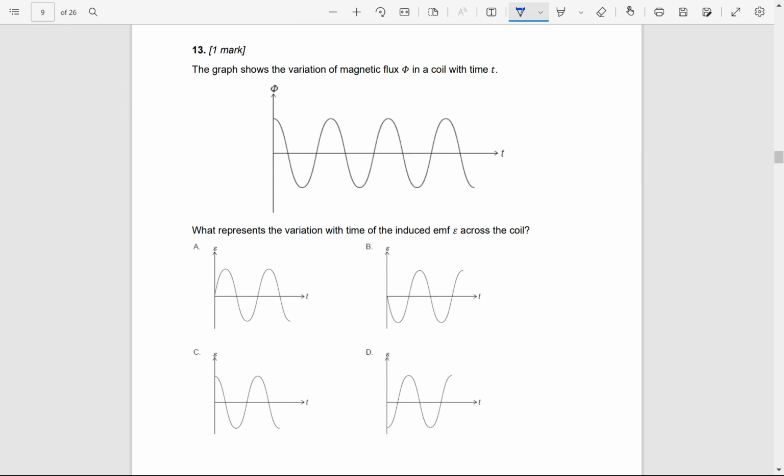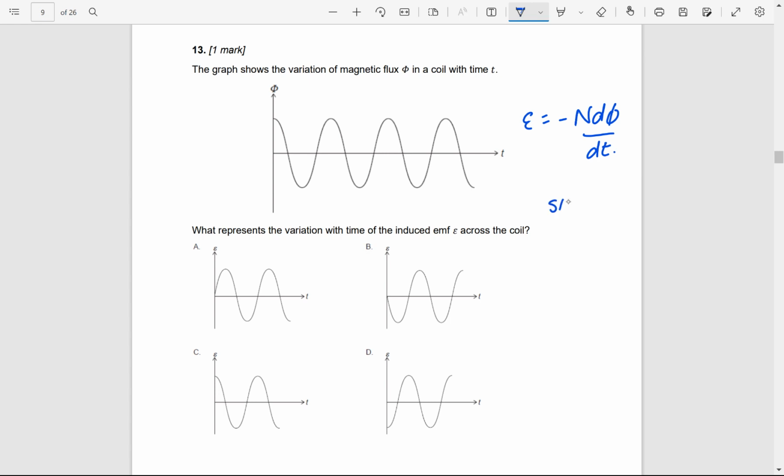Question 13, we're moving through flux against time to EMF against time. And we're asking to recall this equation. The EMF is the negative version of the change in flux over time.